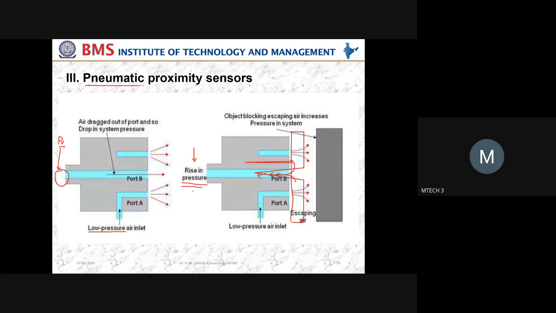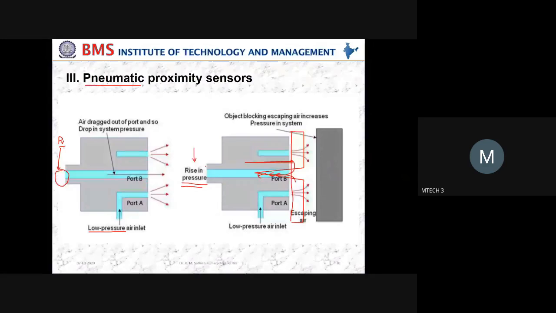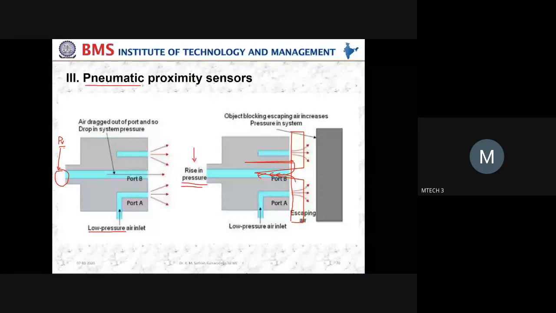Now, what are you going to observe? You are going to observe the amount of pressure increase. If the pressure has increased, you have to understand that the distance from the sensor to the object is less. If there is a reduction in the pressure, it means that you are moving the object away from the sensor.